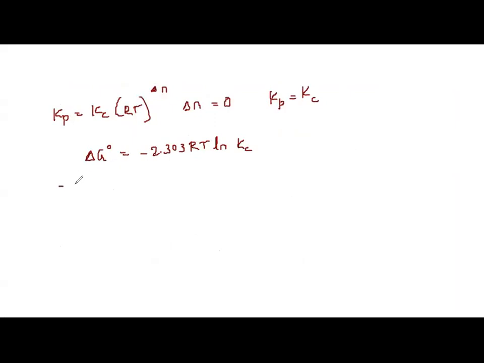So delta G naught is minus 4.606 kilo, they have said 10 raised to 3 I will take, is equal to minus 2.303 into R, given as 2 kilocalories, into 500 temperature into log Kc. Correct? So solve this out, you will get Kc will be equal to 100.